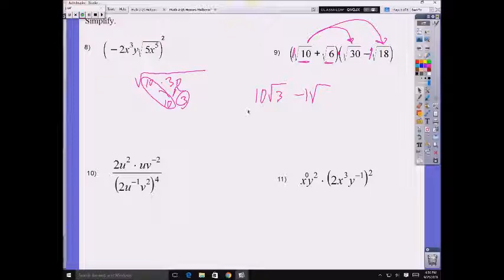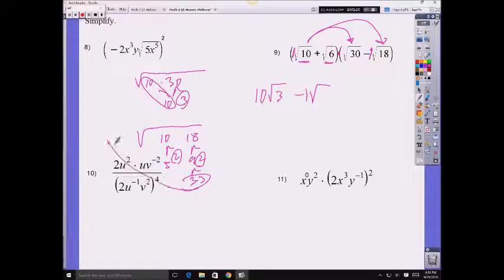If we've got a 10 and an 18, let's bust them up. 18 is 9 and 2, and 9 is 3 and 3, and 10 is 2 and 5, so check it out. I'm going to take a 3 out, and I'm going to take a 2 out, and I'm going to leave a 5 in. So if I take a 3 out and a 2 out, you times them. So it's going to be a minus 1 times 3 times 2, so it's a minus 6.